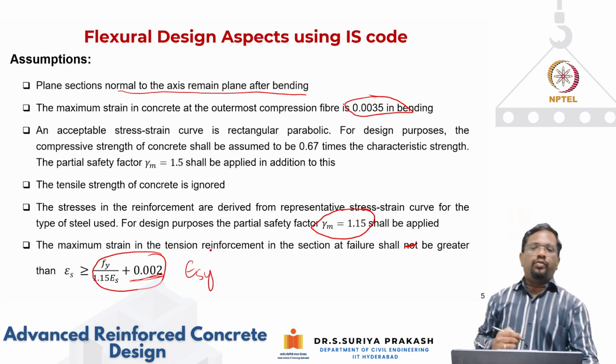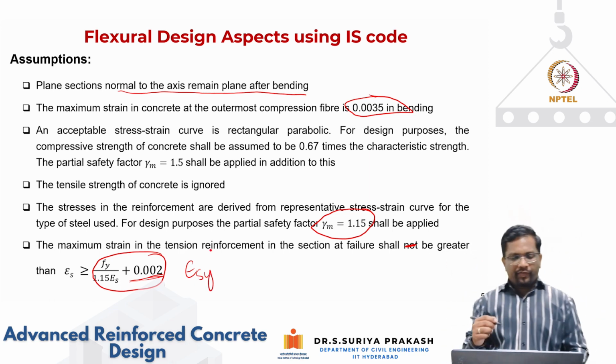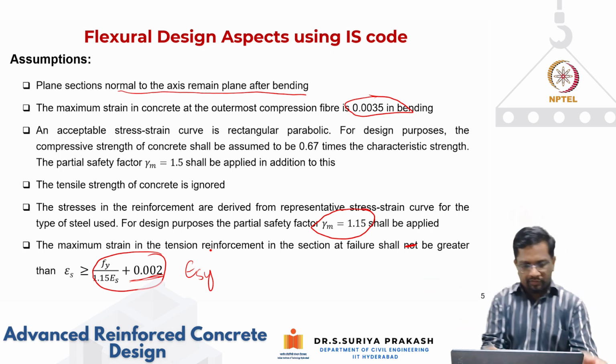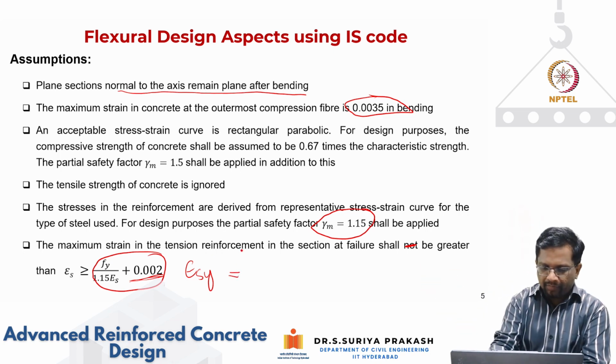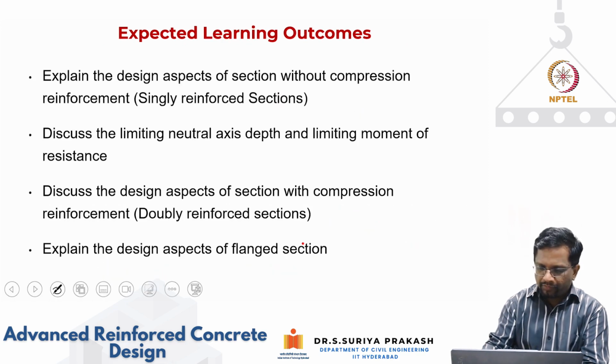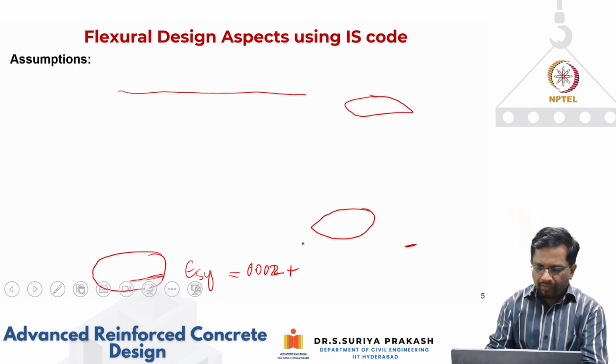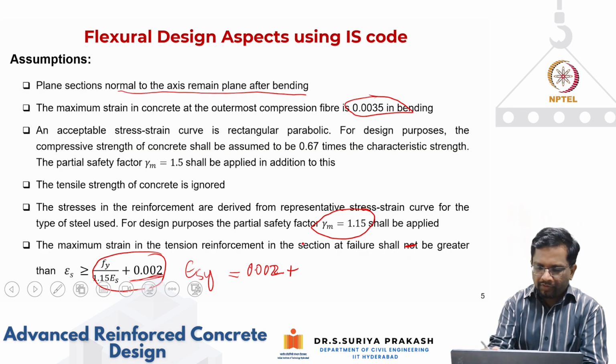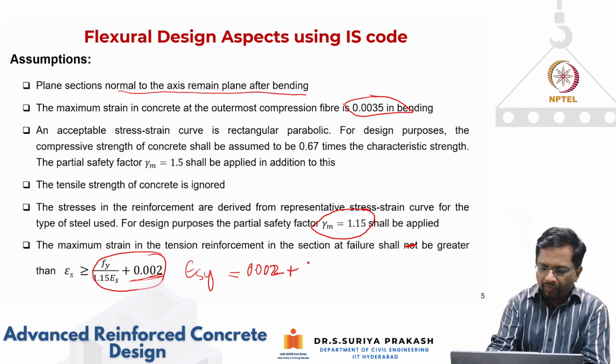So let's calculate the value for Fe 500. It will be 0.002 plus 500 divided by 1.15 multiplied by 2 into 10 to the power of 5.